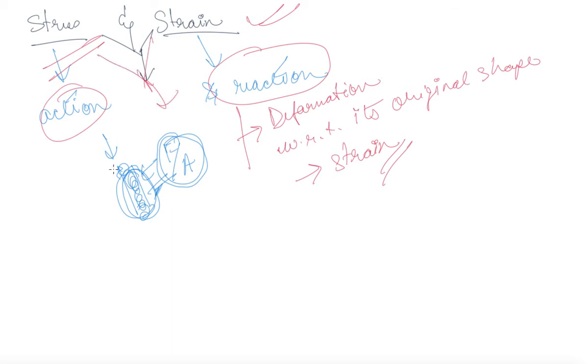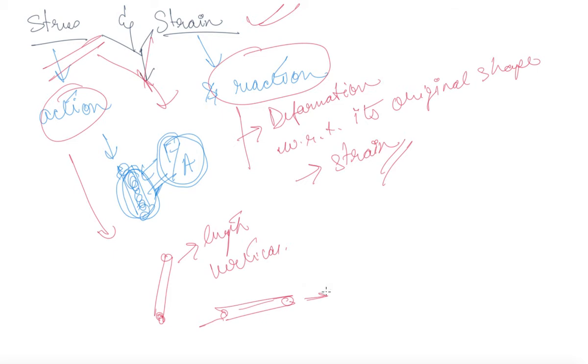So in this way you can understand what is stress and strain. Now another part: suppose, as I've said, this is a rod and there is a change in length, that is a change in vertical length, or if the rod was placed over here, this will be a horizontal change.